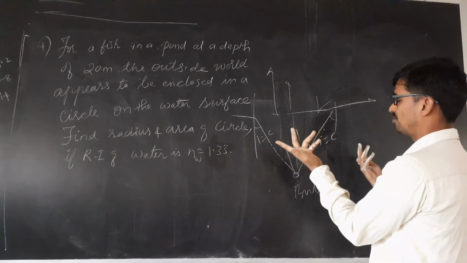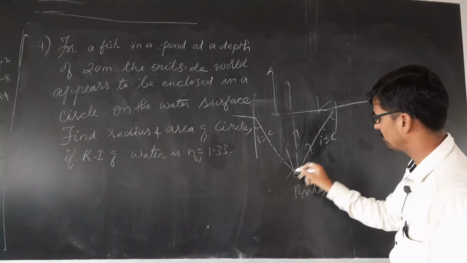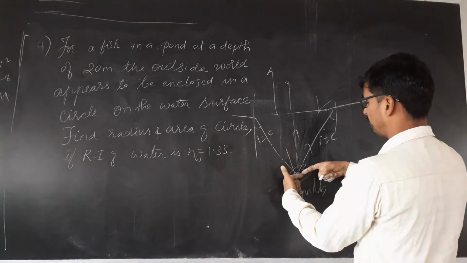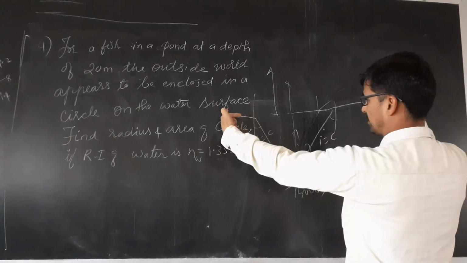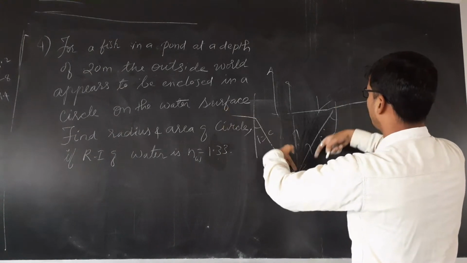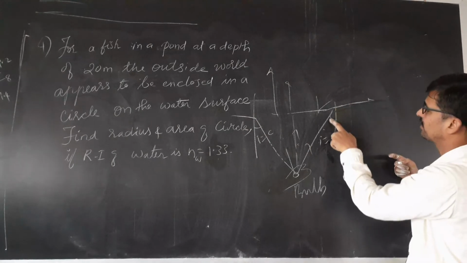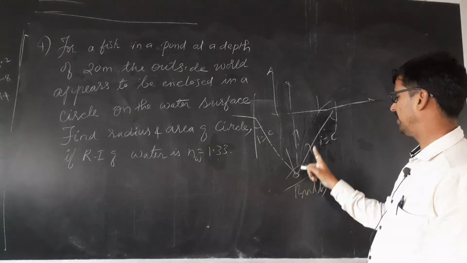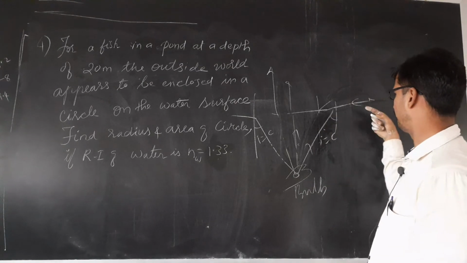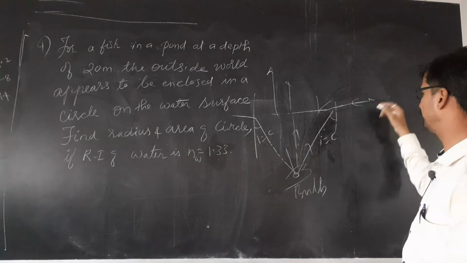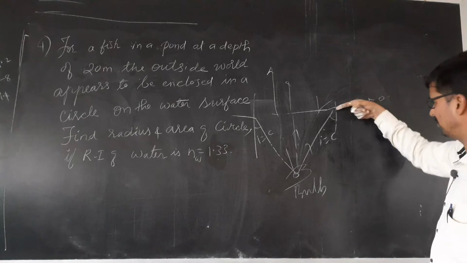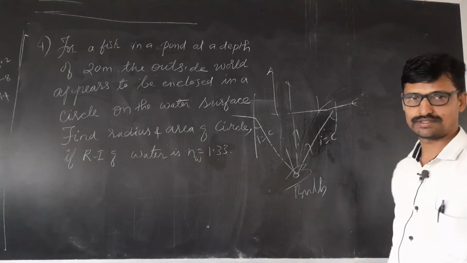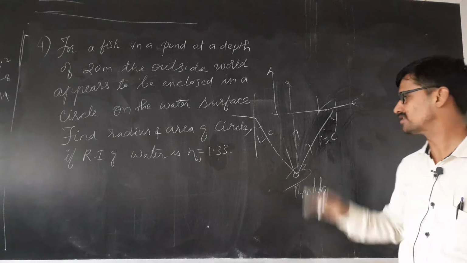Or the reverse also: if you remove the bulb and imagine a fish, the extreme rays which can be seen by the fish are those which come at the critical angle. They can be visualized. See, light travels in one direction. By the principle of reversibility of light, even if the bulb is kept here, light will fall here only.